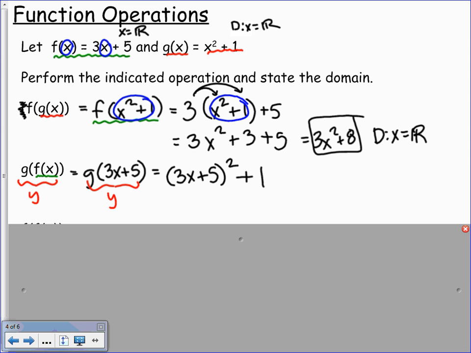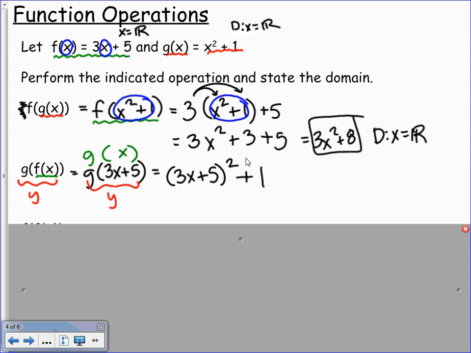How do you know what it equals? Because I'm going to this letter that's on the outside of the parenthesis, g, and doing x squared plus 1, but instead of x, I'm doing 3x plus 5. So this to me right here says g of x. Are you okay with that?